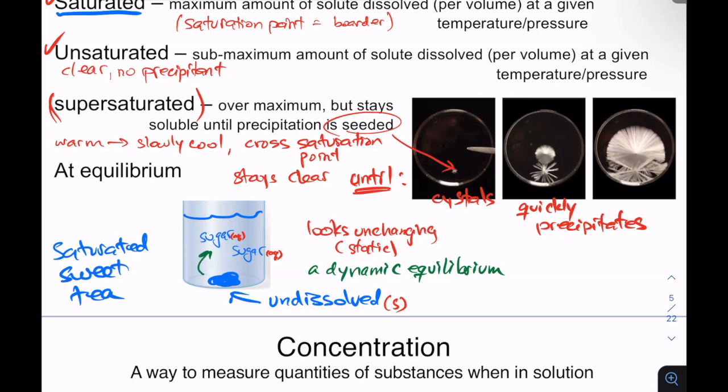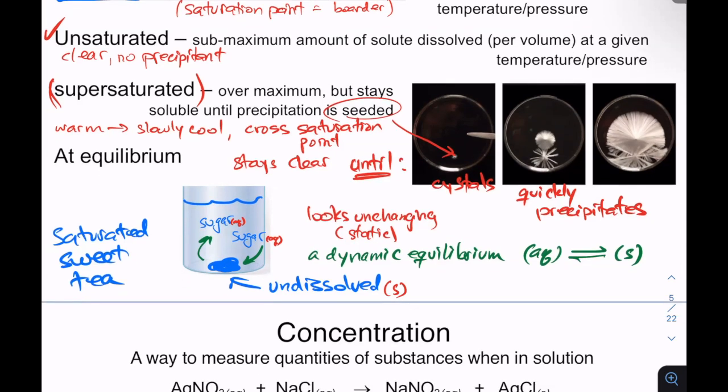But the reason it doesn't change is because that's balanced by the same amount of sugar in the aqueous phase reprecipitating and going back into the solid. So it's constantly going back and forth. And we would write it this way: whatever's in aqueous solution is in equilibrium with whatever's in solid. And we have not a reaction arrow that goes in one direction, but we have a reaction arrow that goes back and forth. It's in equilibrium.